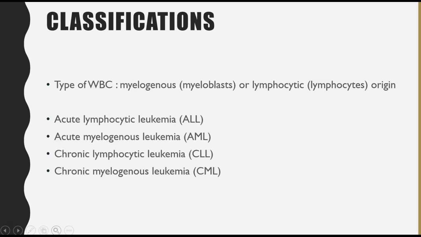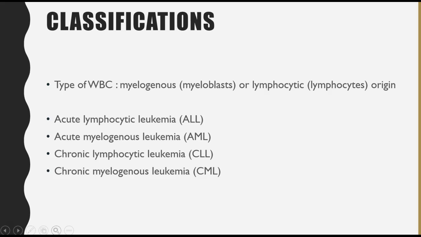One other part of the classification system for leukemia is the type of white blood cell that is involved. So this is the origin of the white blood cell. It is either a myeloblast or a lymphocytic type of blood cell. Myeloblasts are the precursor cell to granulocytes, and lymphocytic cells are the precursor to T and B lymphocytes. So you want to understand what type of white blood cell is involved as well.